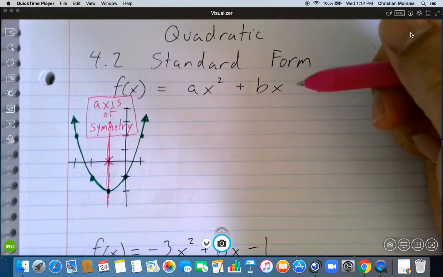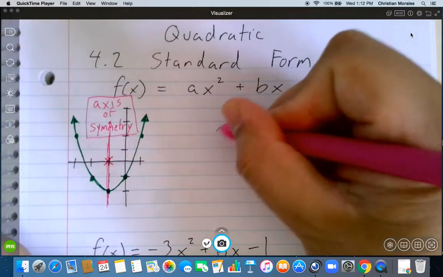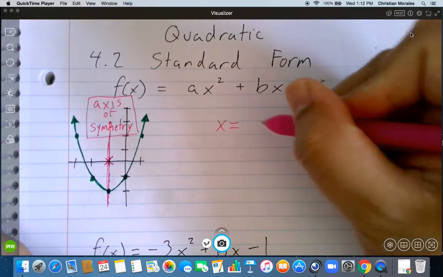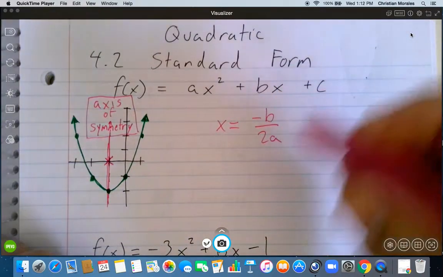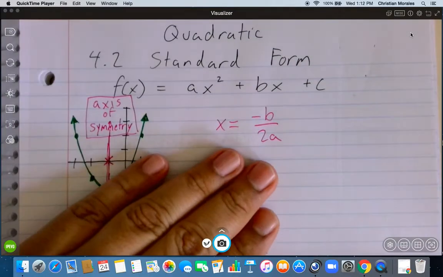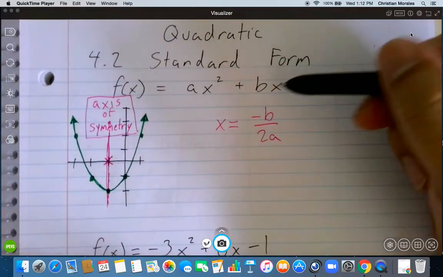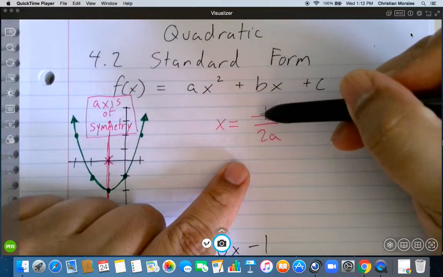Now, the way you do that is with this formula. To find that value for x, we use this formula: negative b over 2a. There's a reason, it comes from an actual formula, but we don't have time for that, so just take my word for it. Whatever number you put here, you plug it in and change it to a negative sign.